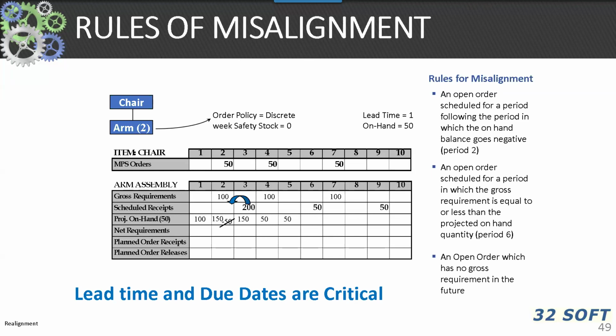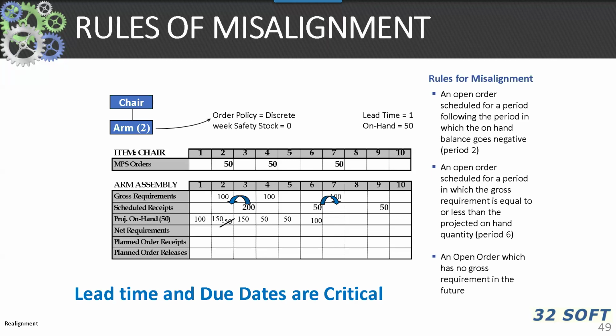De-expedite says that I've got 50. I don't need the 50 in period 6. So MRP is going to tell me to de-expedite. And I've seen it so many times: planners ignore de-expedites. But remember, MRP works off what you've told it, and it assumes you're going to do what it says.